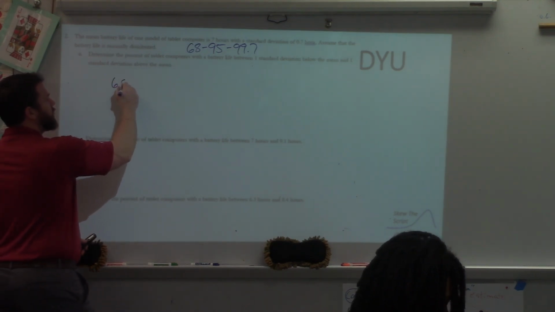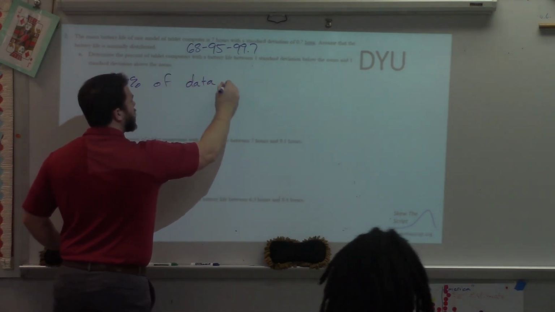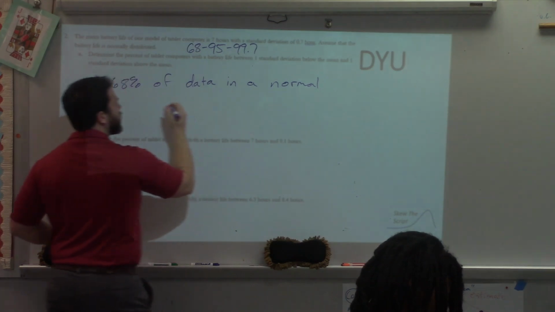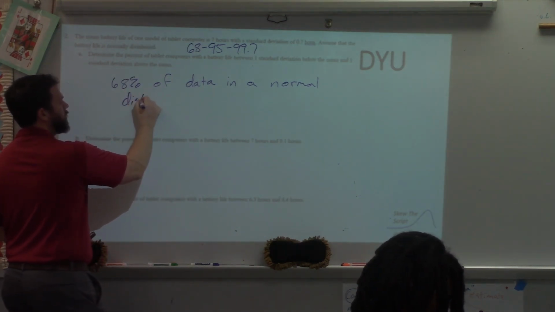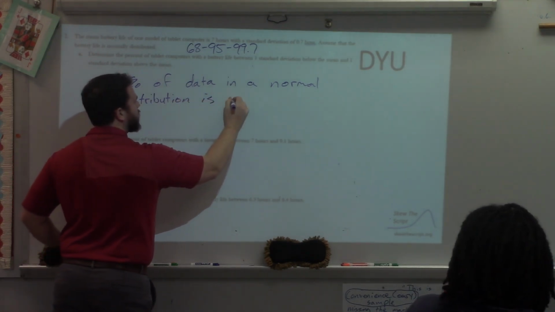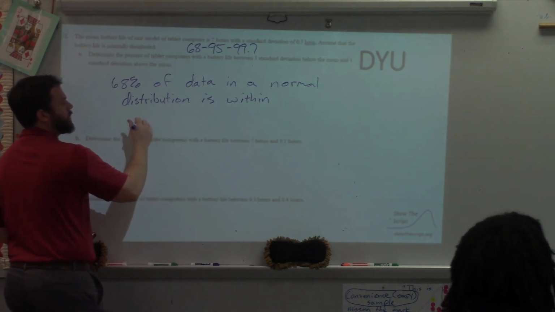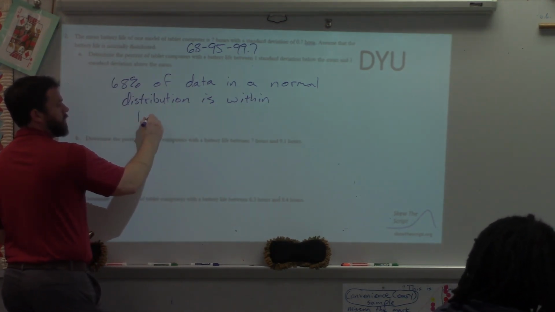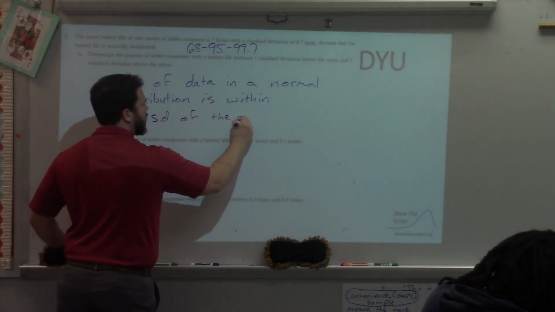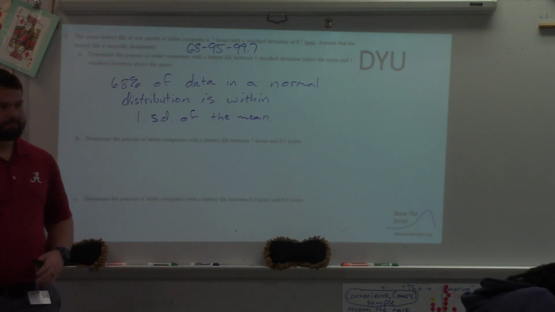But 68% of data in a, now be careful, remember it has to be a normal distribution, is within what percent? Or within how many standard deviations? 1 standard deviation of the mean. Didn't have to draw a single thing. I know it's within 1 standard deviation.